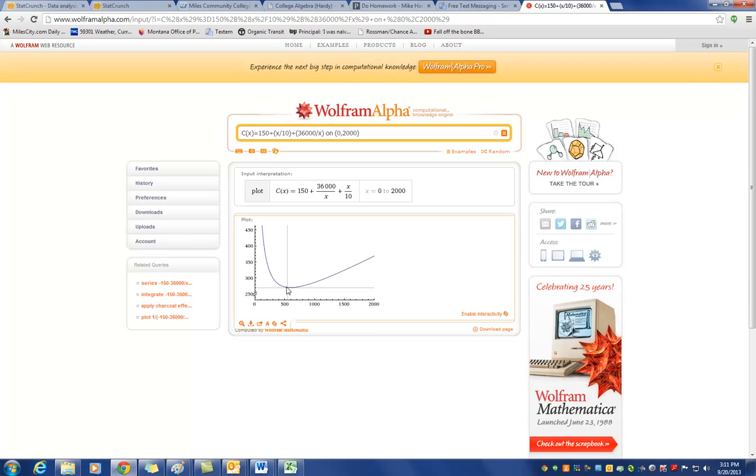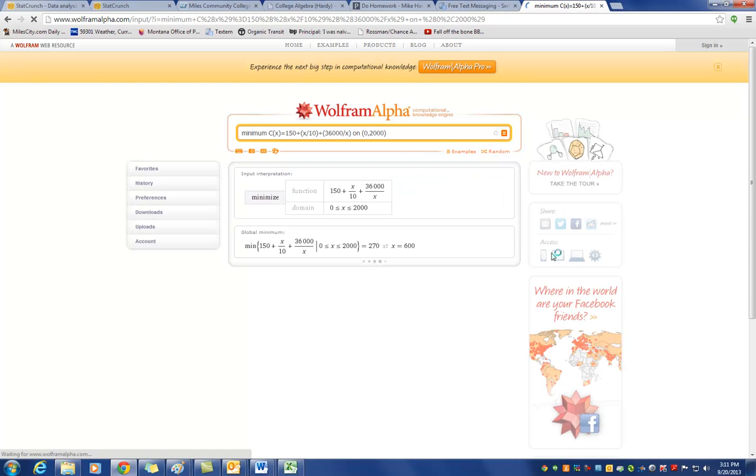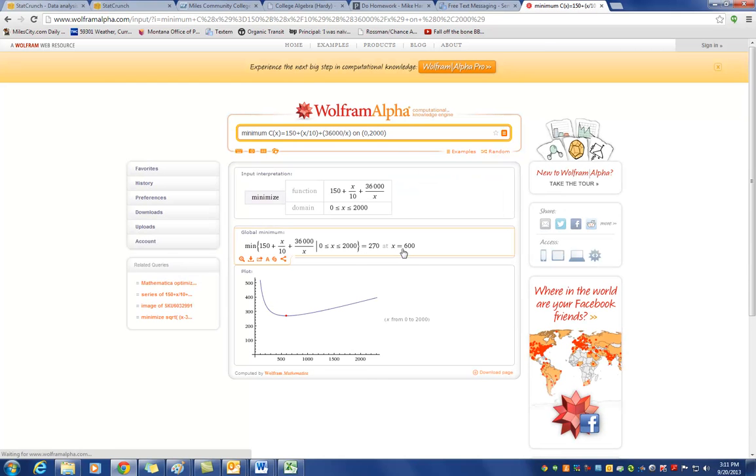We can't get an exact value, but that's what we're going to use the table for. Or we could, I bet, put that into the search. Yes, minimized at x equals 600. The minimum value is 270. And sure enough, they show it right on the graph there, right?